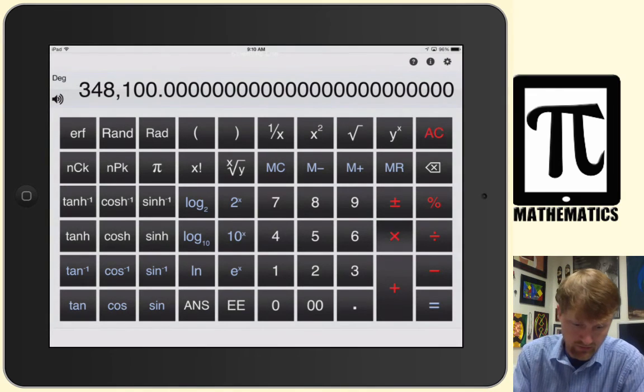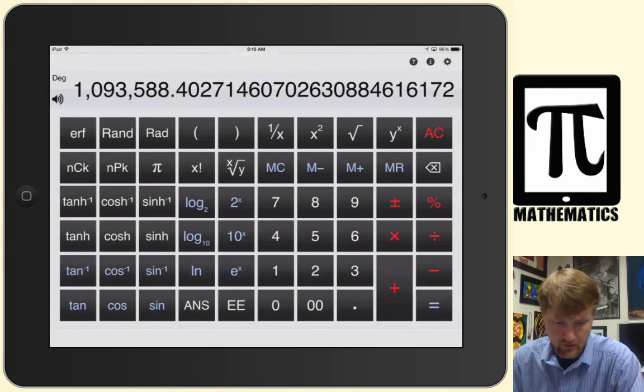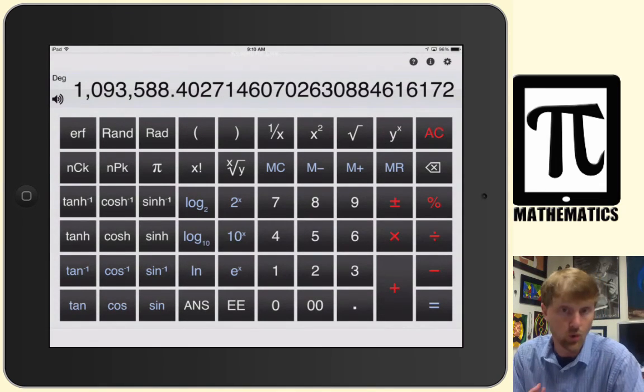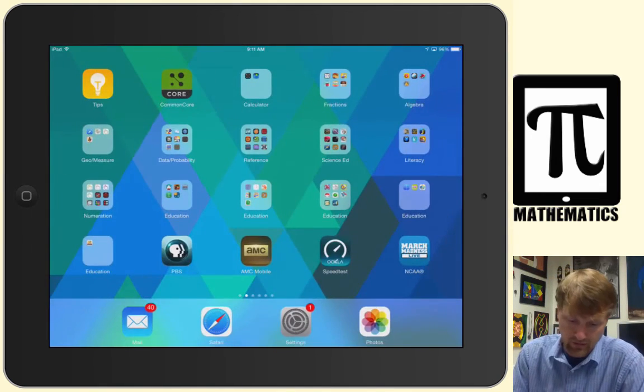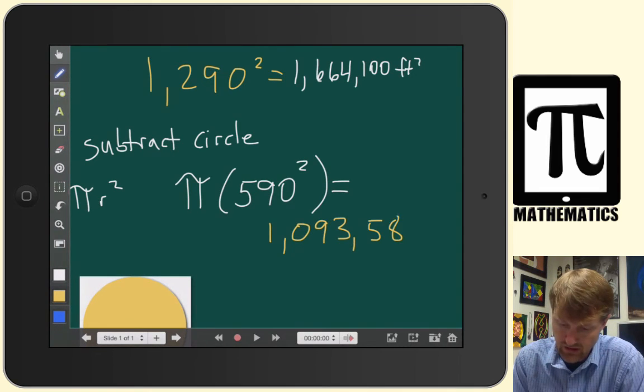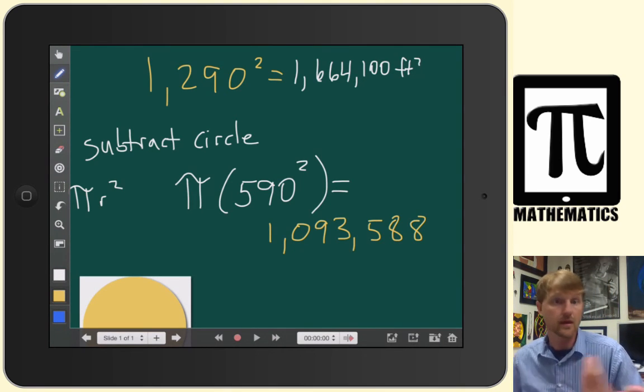So times pi equals 1,093,588. We'll go ahead and round it to the nearest whole square foot. Alright, so here we are, and we'll write that 1,093,588.